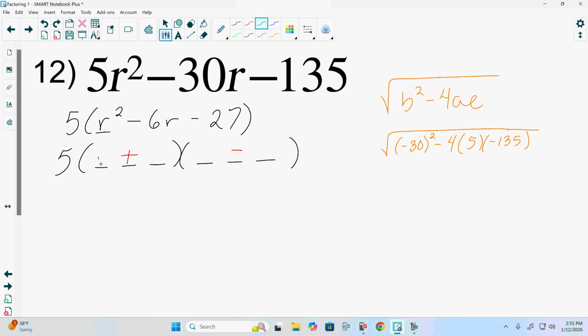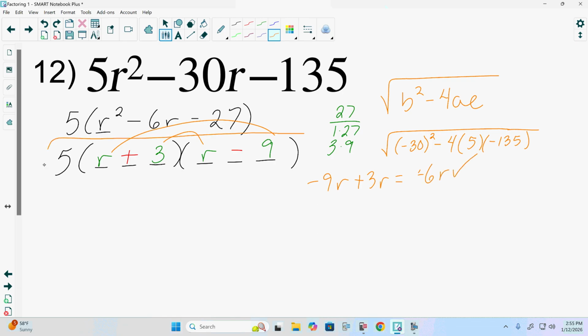The only factors of r squared are r and r. Now 27 is 1 and 27, 3 and 9. r times 9 is negative 9r, plus 3r giving us negative 6r. Questions on this here?